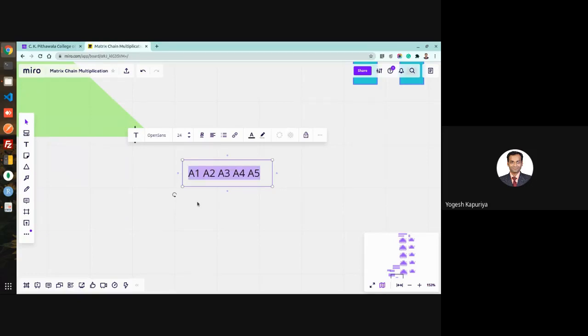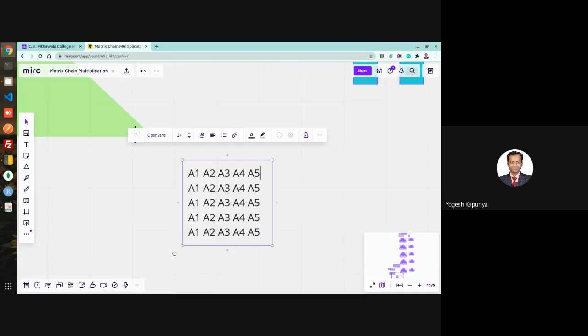So now you have 4 options. Okay. First option is you put the parenthesis here.